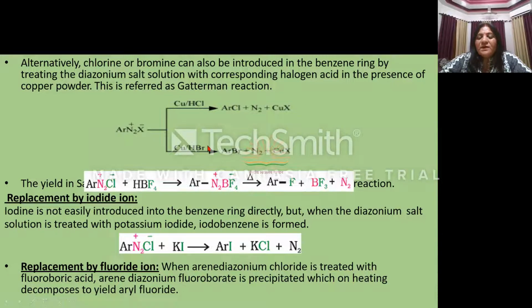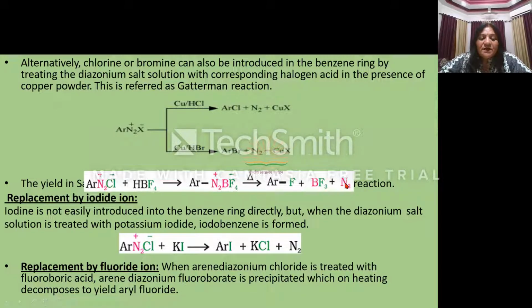Now the preparation of fluorobenzene. When benzene diazonium chloride reacts with HBF4, hydrogen borotetrafluoride, it gives this intermediate compound which is stabilized on heating as fluorobenzene with the liberation of Lewis acid BF3 and nitrogen gas.